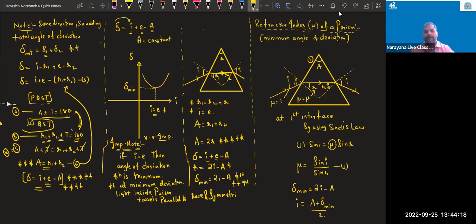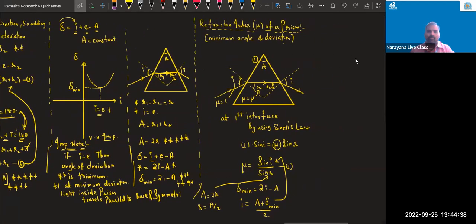Put this value here. We also know the angle of prism A equals r1 plus r2, so r plus r, 2r. And r equals A by 2. Substitute this also. Then you will get the refractive index of the prism.